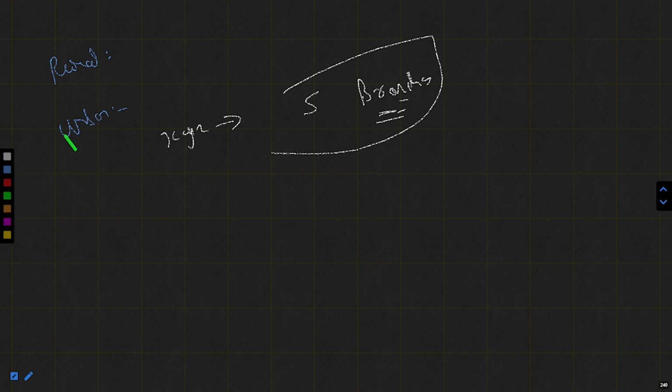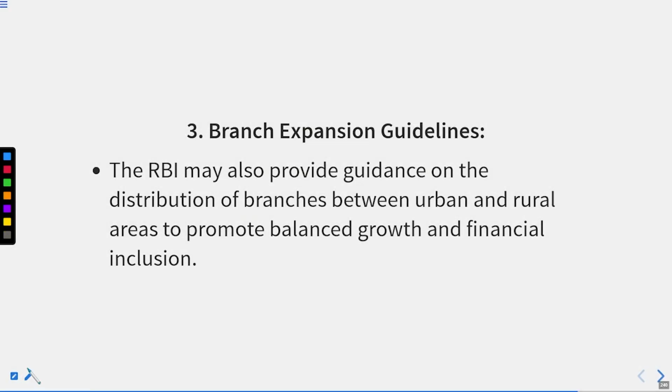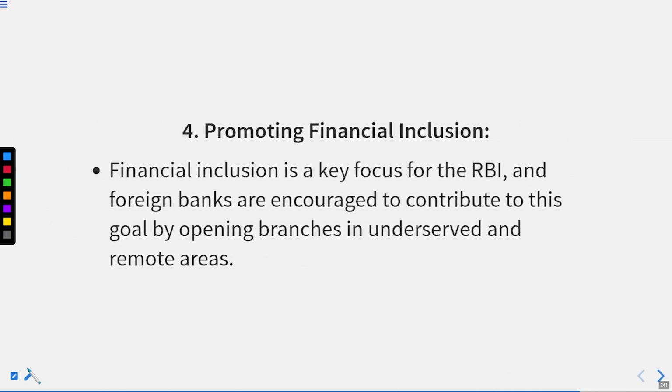Like the RBI will say, open 2 branches in the rural areas and 3 branches in the urban areas. It does not permit all the branches to be opened in the same place. So this could also be done by the Reserve Bank of India. All right, got it? Now let's move forward.